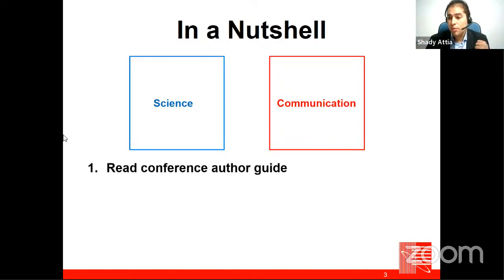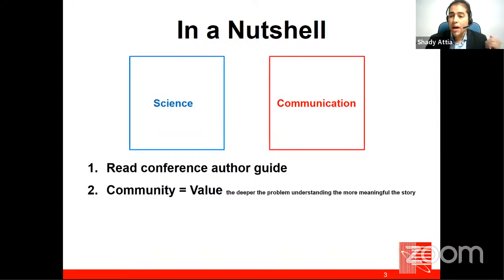I'm going to talk about the importance of reading the conference author guide before starting writing, how you connect and associate your work with the community, the building simulation community, and mainly IBPSA-USA, and the values that your work should be, let's say, in line with, especially the deeper problem understanding and the meaningfulness of your work in relation to IBPSA-USA and IBPSA work in general.